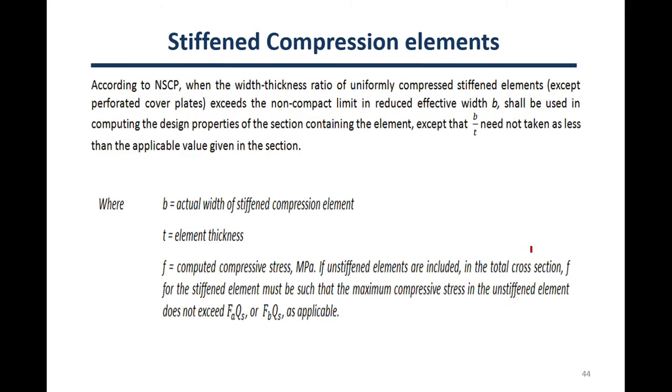Ang daming formula, no? Okay. Next, for B, this is actual width of stiff compression elements. For the T is the element thickness. The F is computed compressive stress, megapascal. Siyempre, if unstiffened elements are included in the total cross-section, F for the stiff elements must be such that the maximum compressive stress in the unstiffened elements does not exceed FA, QS, or QA, as applicable.